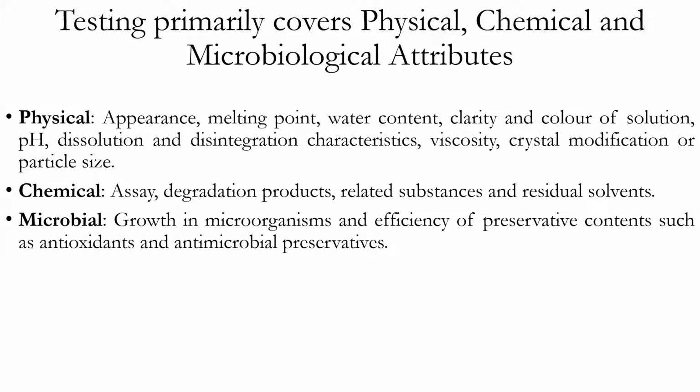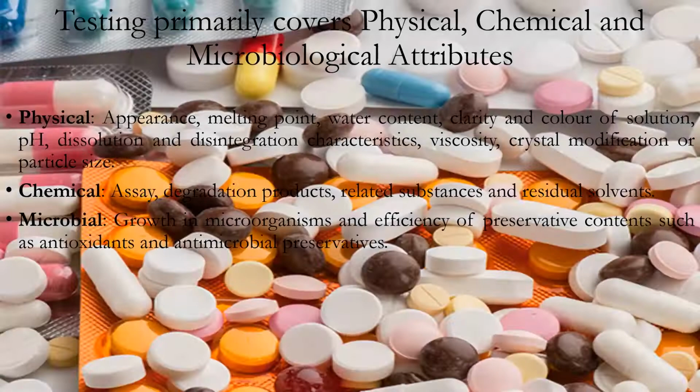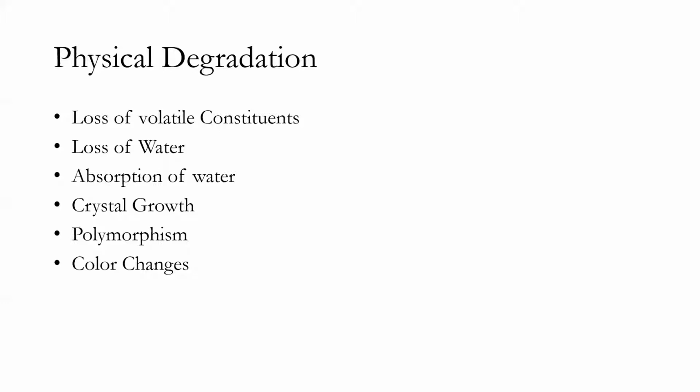Under chemical, the tests are assay, degradation product, related substance, that is RS, and residual solvent, which we need to check. Under microbial, the growth of microorganisms and the efficiency of preservative content, like an antioxidant, sometimes an antimicrobial preservative. So we need to have all these parameters under this stability study.